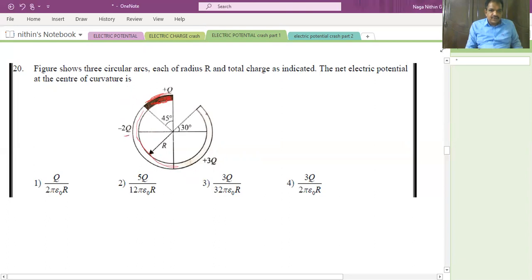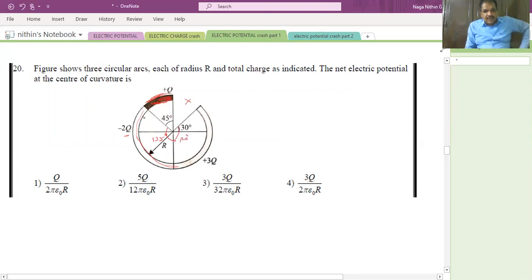For this portion, they give a charge 3Q. Here there is no charge. This angle is 45, up to this angle will be 135, total 180. So this angle will be totally 120.